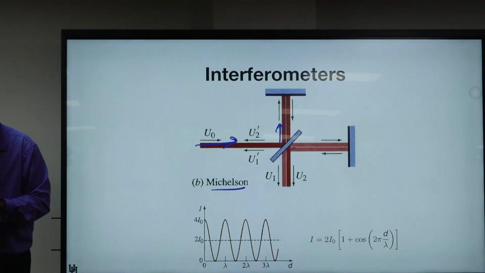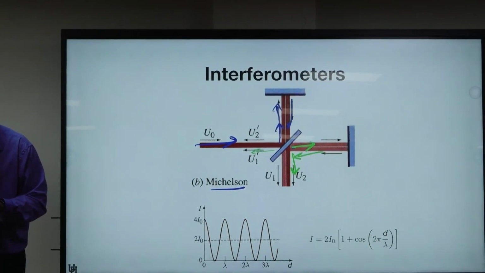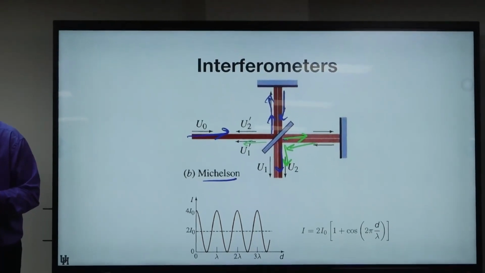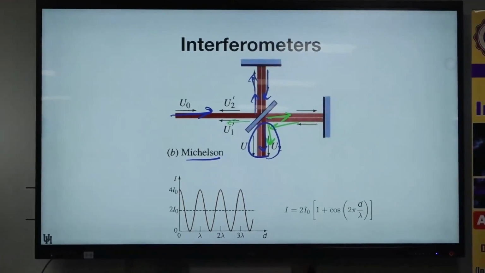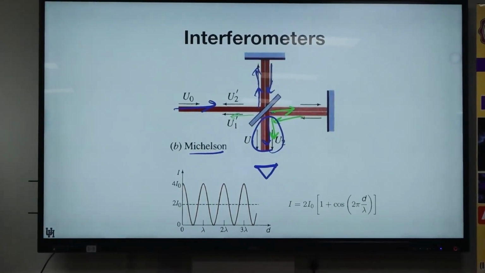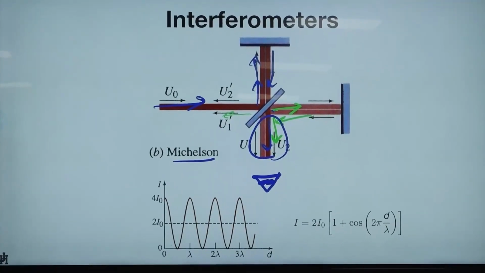Light goes and comes back here, and this light reflects, and part of it transmits, but we are not interested in that. So this light comes in here, reflects, and whatever transmits, the blue and the green interfere with each other.